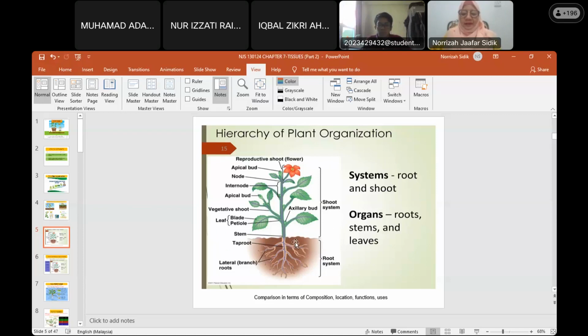Okay, and if you look at the organs, the shoot system has the leaf, vegetative shoots, apicals, and the flowers. Whereas the root system has the roots, taproot, lateral roots, and also the tubers.